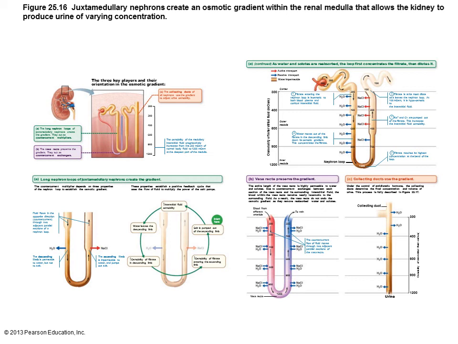The upper part of the kidney, the cortex, is less salty, about 300 milliosmoles, and as it goes through the medulla it becomes a lot more concentrated, about 1200 milliosmoles. Water leaves the descending tubule, and in the ascending tubule sodium leaves.